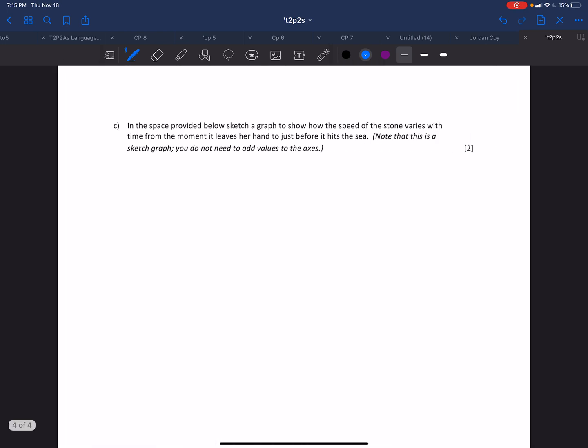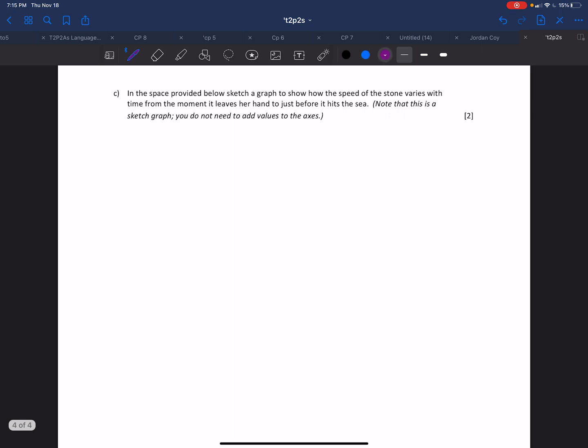The graph: we want to know how the speed varies. And as I said in the instructions, we want to include the critical values. So we're looking for how the speed varies, and that's key because that means not velocity. From when it leaves her hand to just before it hits the sea, well, it starts at a speed of 12.